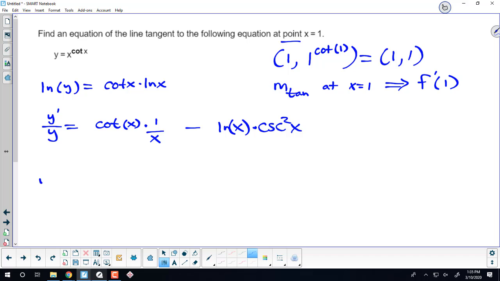y prime is then our original function times this piece right here.